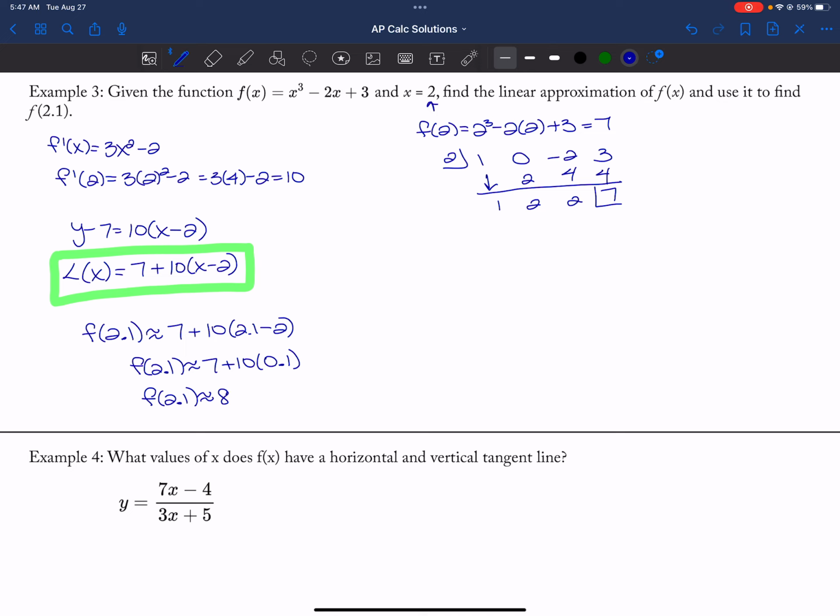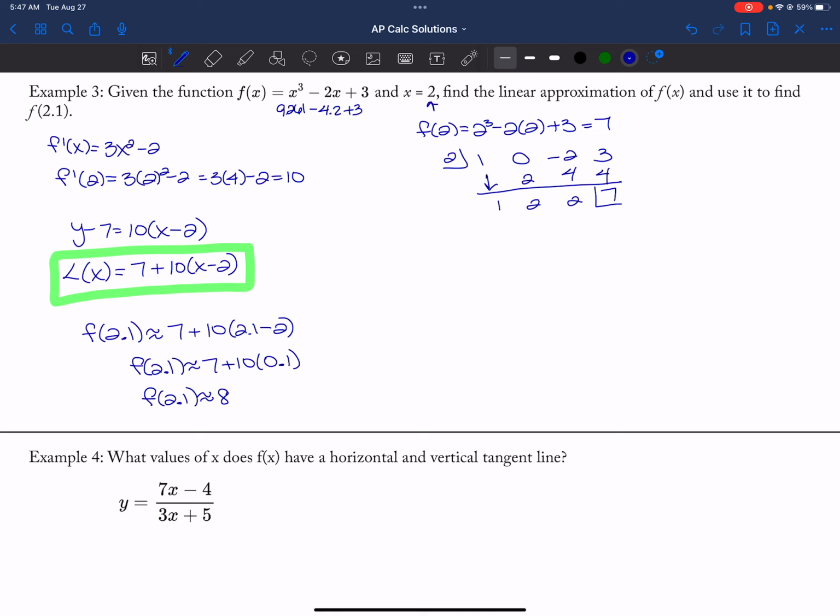So now if I were to actually plug this into a calculator, I would have done 2.1 times 2.1 times 2.1, and I would have gotten 9.261 minus 2 times 2.1, which is 4.2, plus 3.